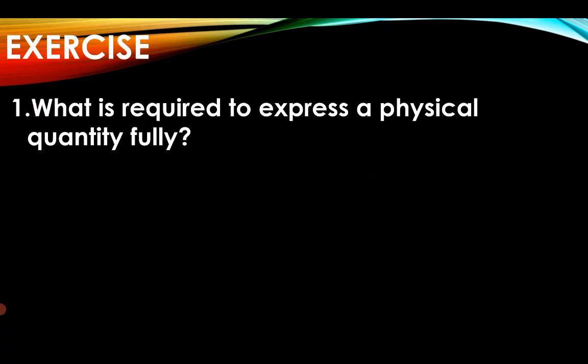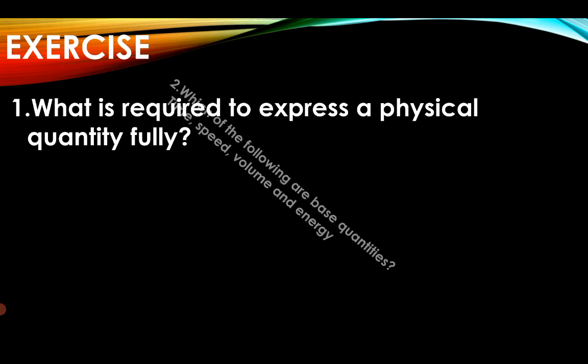But let me leave you with some work to do in your own time. Define or state what is required to express a physical quantity fully. We mentioned in this lesson that in order to express a physical quantity fully, you need two things. What are these two things? All right.